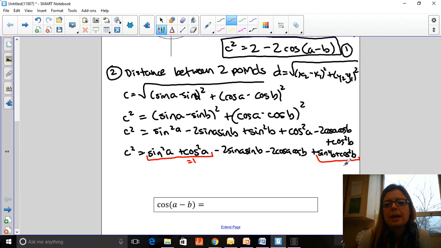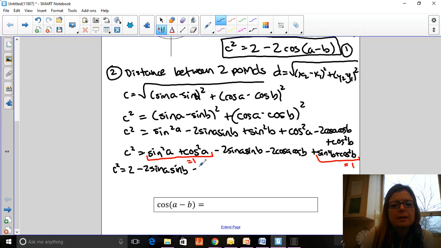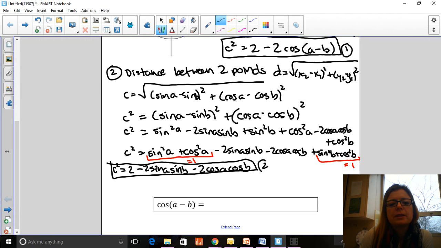So this whole thing can be simplified into c squared equals, 1 plus 1 is 2, so 2 minus 2 sine A sine B minus 2 cos A cos B. Okay, so that is where I'm going to leave this. So that is my second representation. So now I'm just going to set this guy equal to this guy and work my magic.